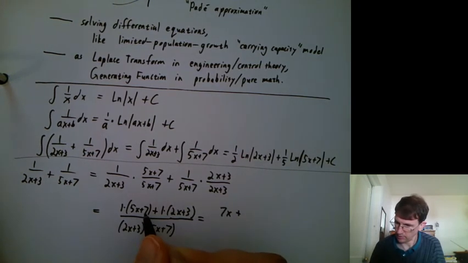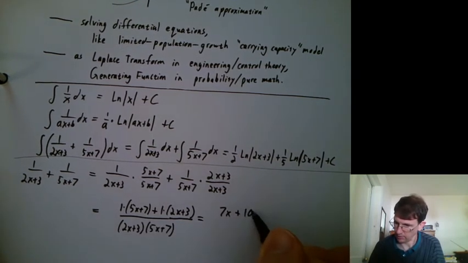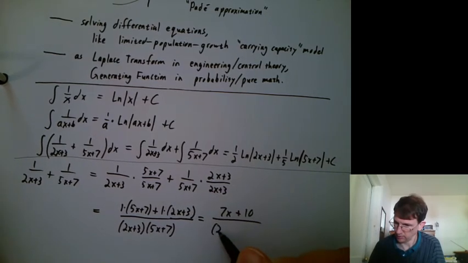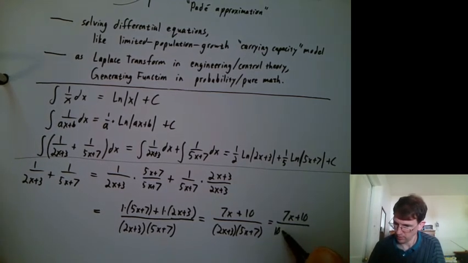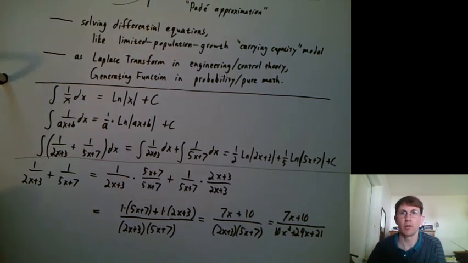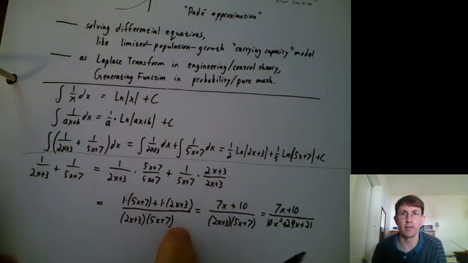You'd have a 7 plus 3, so you'd have a 10, over 2x plus 3 times 5x plus 7. And then if you did multiply out the bottom, you'd have 7x plus 10 over 10x squared plus 29x plus 21. Phew, aren't you glad I did that for you and not you doing it?